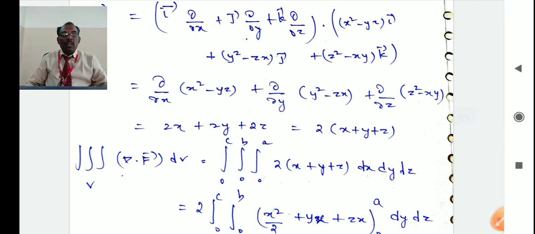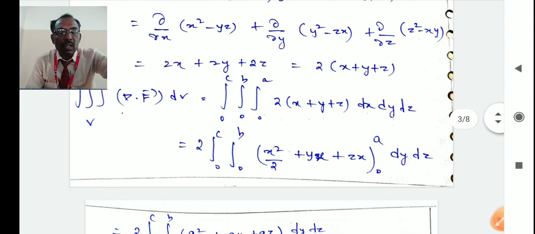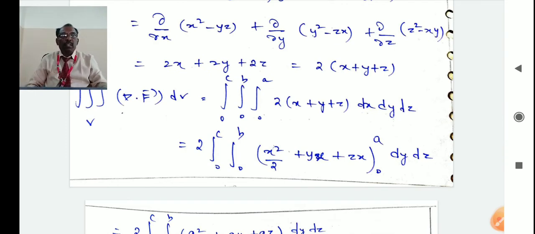RHS of Gauss divergence theorem, triple integral over V of del dot F vector dV. First, del dot F vector is replaced by 2 of (x plus y plus z). dV is, by our assumption, dx dy dz. The x axis is very clear, it varies from 0 to a, y axis 0 to b, and z axis is 0 to c. Now I take the integration of x plus y plus z with respect to x.